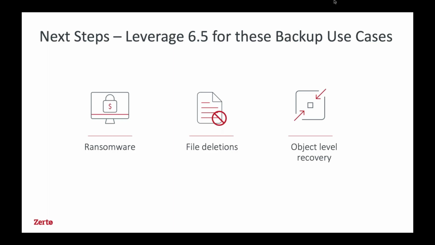I like to say it's the best kept secret in our product, and we have a number of customers who've used it. You can even go up to our website and see where they've recovered from ransomware. In some cases, some companies have been hit multiple times as highly desirable targets, be it from that or file deletion, and being able to get you to object level recovery as well.